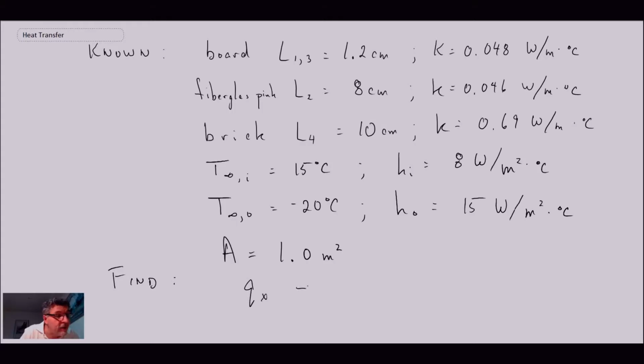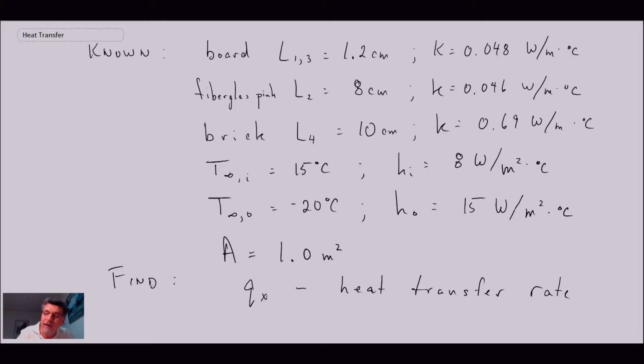We're going to assume this is one-dimensional, and looking at the problem, all of the assumptions that led up to the thermal resistance technique will work: steady state, one-dimensional conduction, no internal generation in the wall, and thermal conductivities that we'll assume are not functions of temperature.